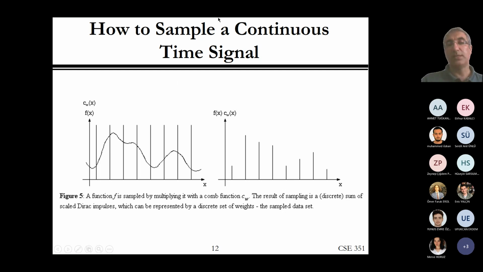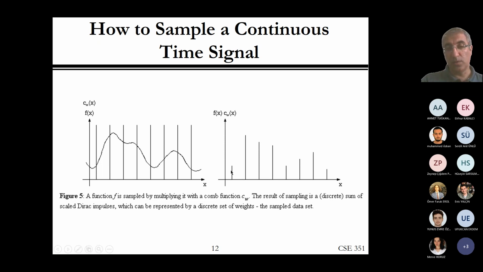So it takes this discrete value, this discrete value, this discrete value. So I sample a continuous time signal into a discrete time signal. Previously, it had a value for every t. Now it has a value only every Ts, which is my sampling time. So I collected a certain amount of samples.